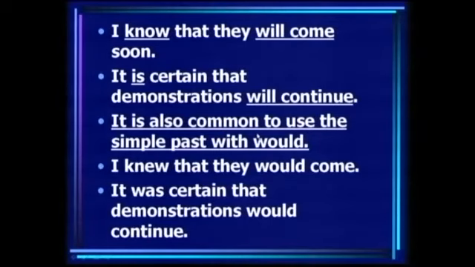Now, it's also common to use the simple past with would. يعني لو نفس الجملة دي بقول I know that they will come، هقولها هنا I knew that they would come. It is certain that demonstrations will continue. يبقى it was certain، ما دام قلت it was certain that demonstrations مش هقول will بقى، هقول would continue.